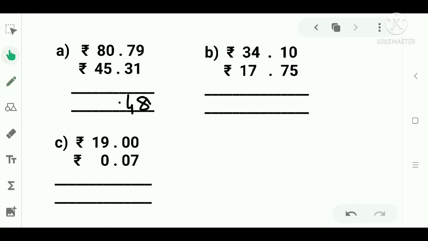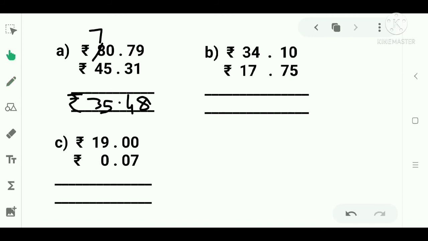Now students, here 7 left, so 7 minus 4 is 3. So rupees 35 and 48 paise is the correct answer.